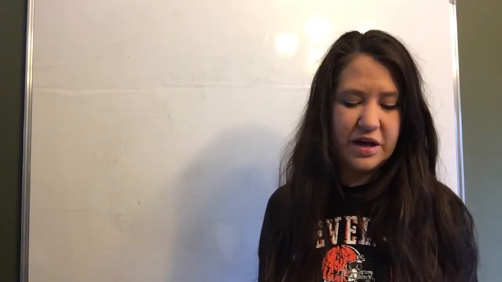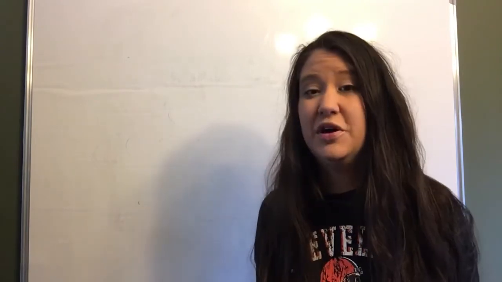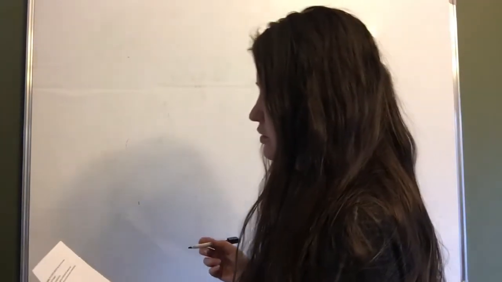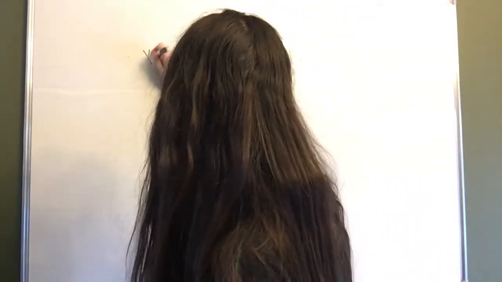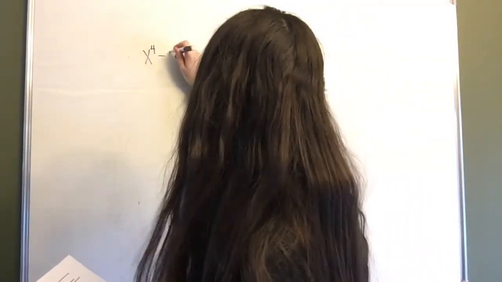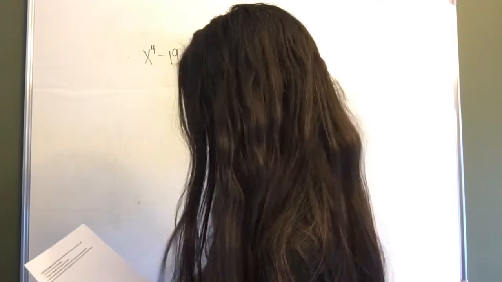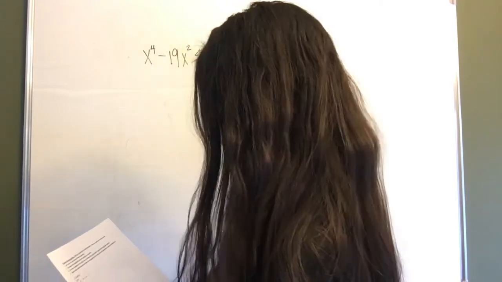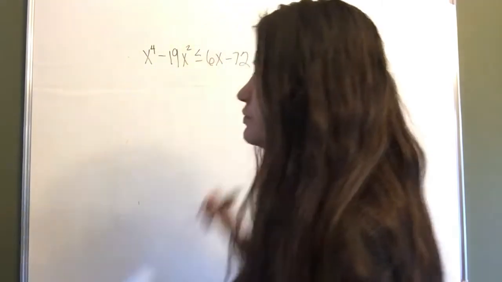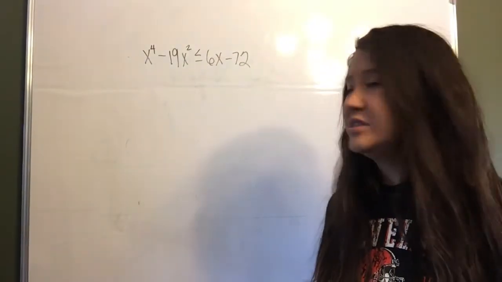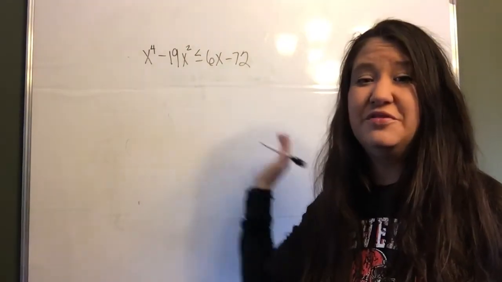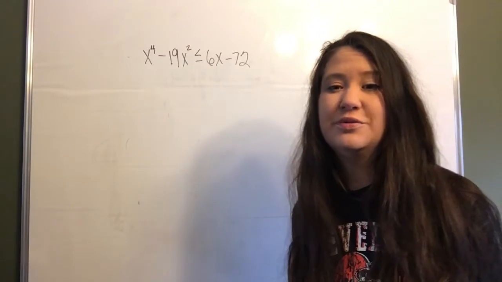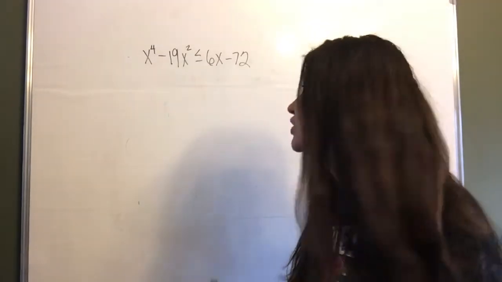We're going to skip to the last part of the section, which is the inequalities, and we're going to look at part A. Okay, so part A, we want to solve x to the 4th minus 19x squared is less than or equal to 6x minus 72. First step for these, you want to make sure you get everything on one side of the inequality. So we need to get 0 on one side.